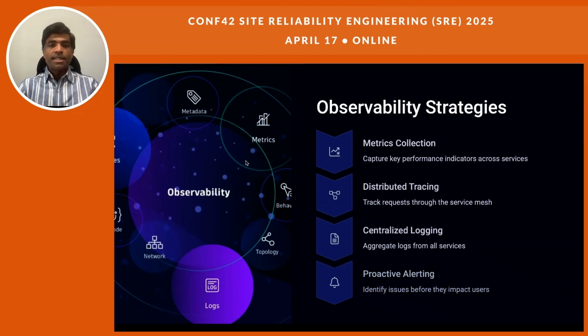Another strategy is implementing proactive alerting. Proactive alerting enables teams to address potential issues before they affect users, because developers can get automatic alerts when an error occurs in a specific microservice. Thereby, the developer can take a proactive step to identify the issue and fix it.